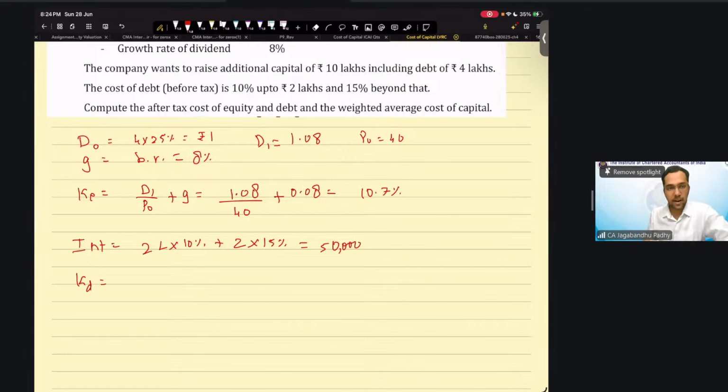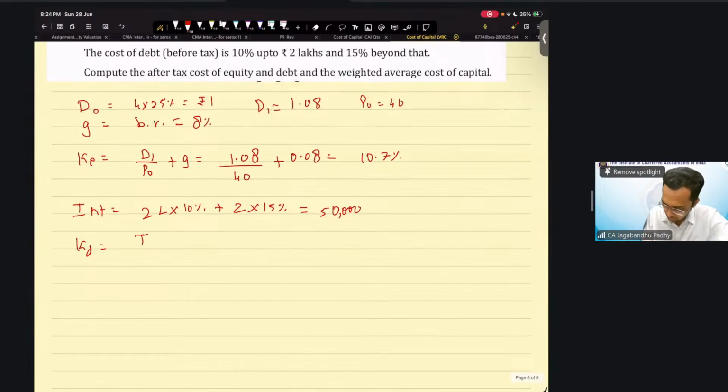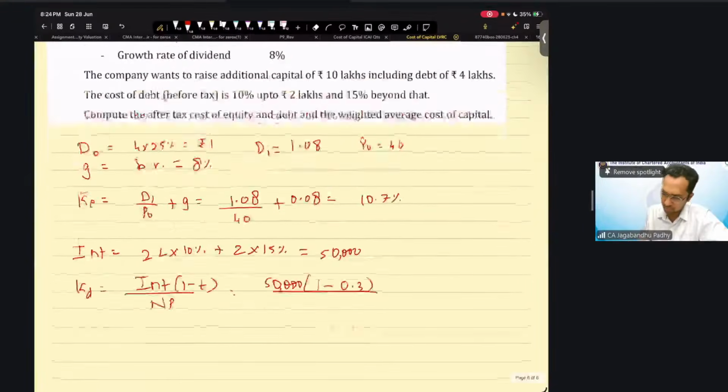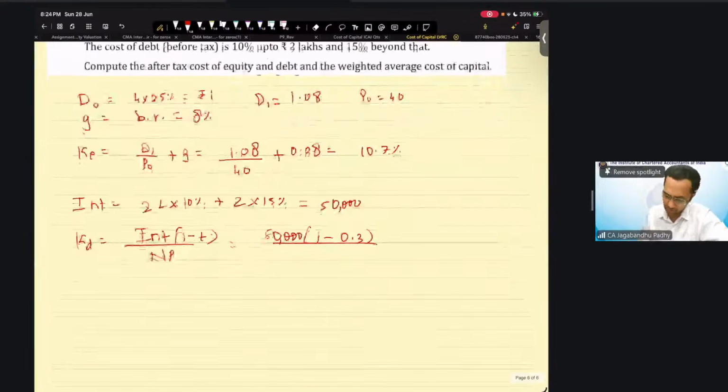So cost of debt will be interest into 1 minus T upon net proceeds. So interest is 50,000 into 1 minus T, where T is 30%, so interest into 1 minus 0.3, divided by net proceeds.